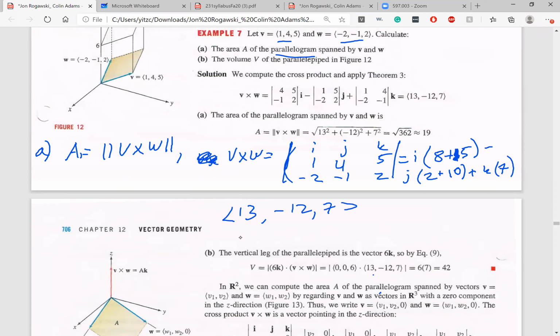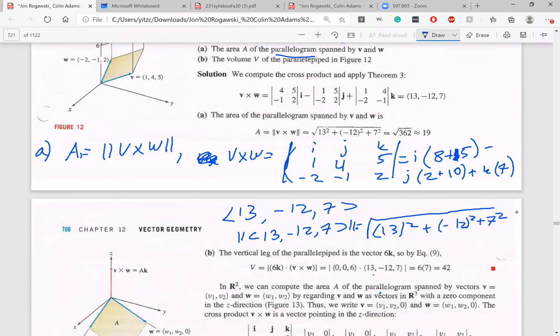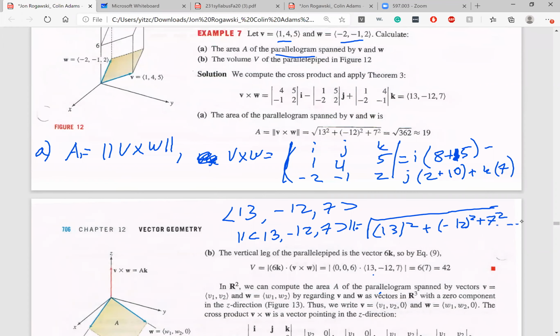The magnitude of this vector is equal to the square root of 13 squared plus -12 squared plus 7 squared. And that's going to be our magnitude. They tell us that it's approximately 19. So that's going to be the area of our parallelogram. Any questions about this?